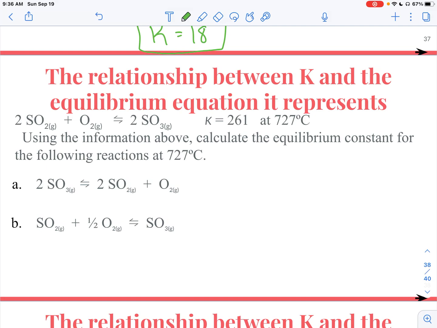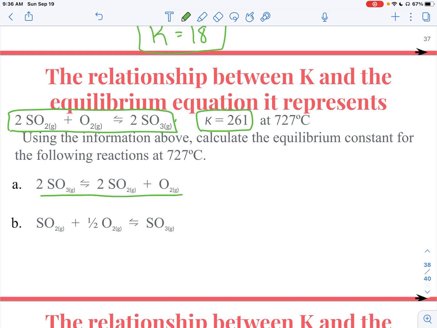All right, so let's go ahead and try this one. For this one, you're given this reaction with this K value, and this isn't a Hess's law problem. We're just like, okay, how does this reaction relate to the one we're given? It's flipped, right?